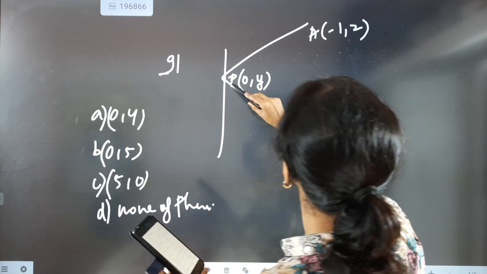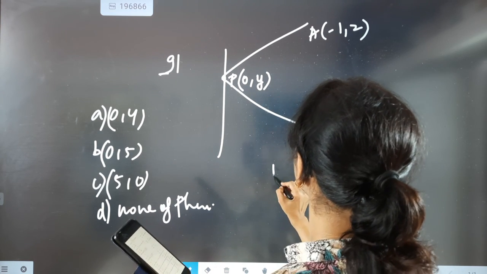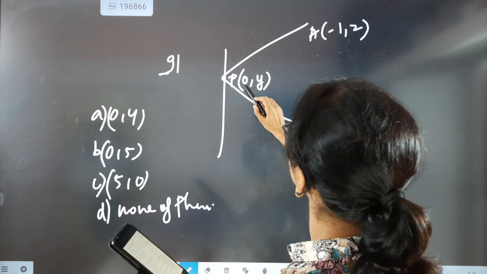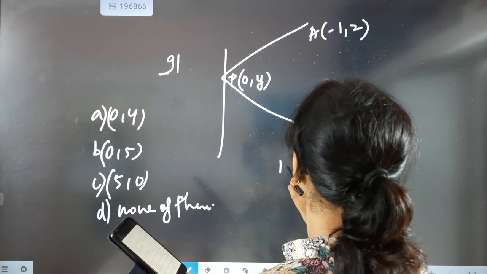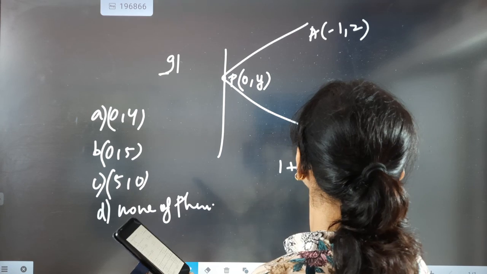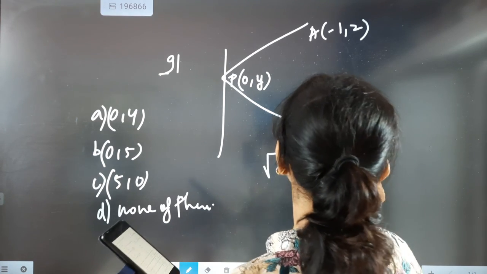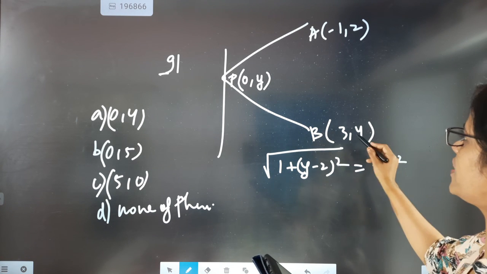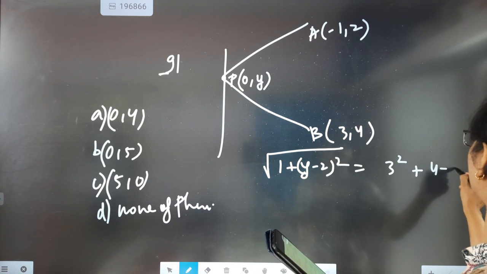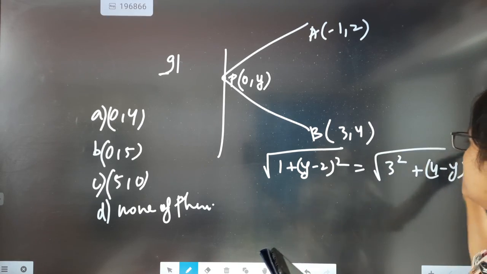Okay, so first we will use the distance formula. It will become 0 minus of minus 1 is 1, square means 1, and y minus 2 whole square, under root. Now use the distance formula: 3 minus 0 means 3 square, and 4 minus y whole square, under root.